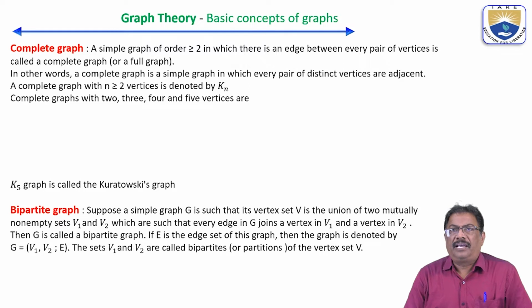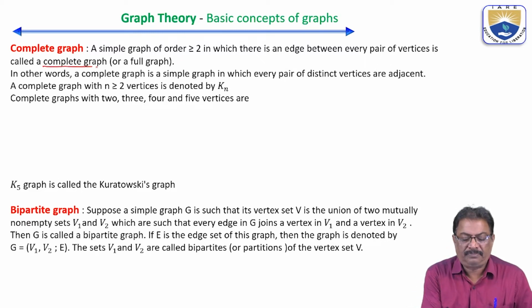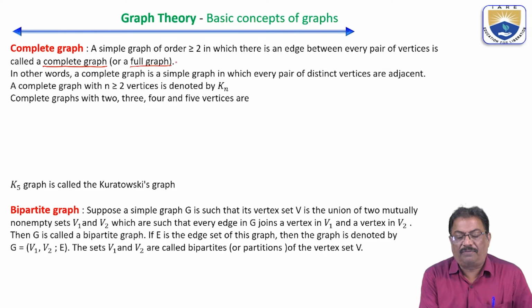A simple graph of order n greater than or equal to 2, in which there is an edge between every pair of vertices, is called a complete graph. It is also known as a full graph.